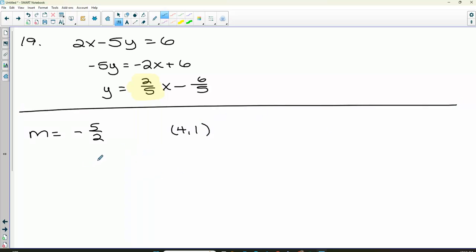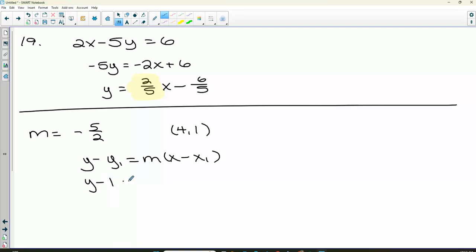Then you can either plug into y equals mx plus b, or most of you did point slope formula. Y minus y1 equals m times x minus x1. I don't care which way, you'll get it either way. So the y value of my point is 1.